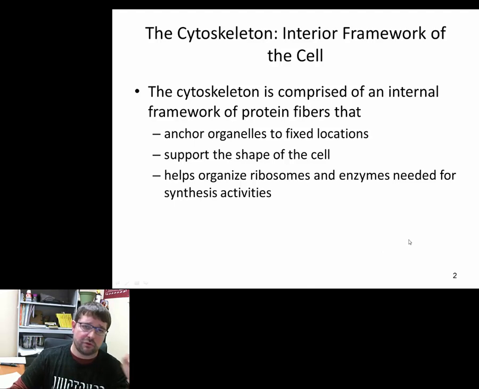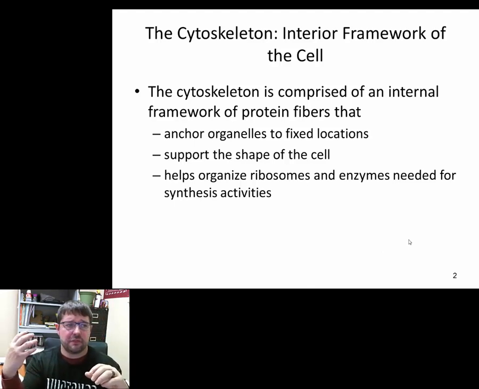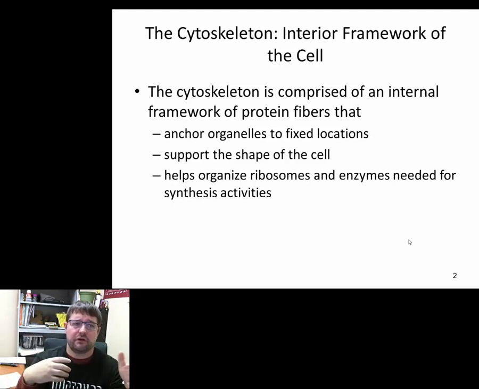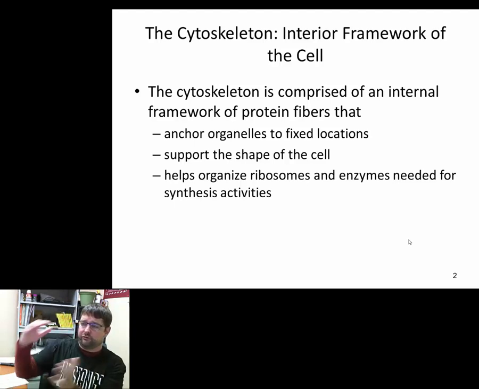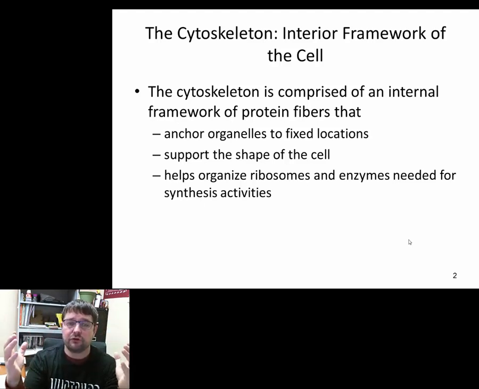So remember you have chloroplasts and mitochondria and lysosomes and Golgi apparatus. You have all these organelles, but you don't want them all floating to one side of the cell. Depending on the purpose of the organelle, you might want them close to the nucleus, so they would be attached to this framework of protein fibers.